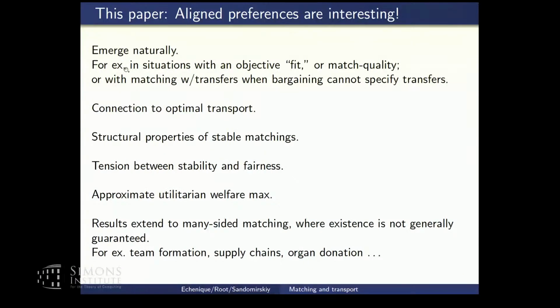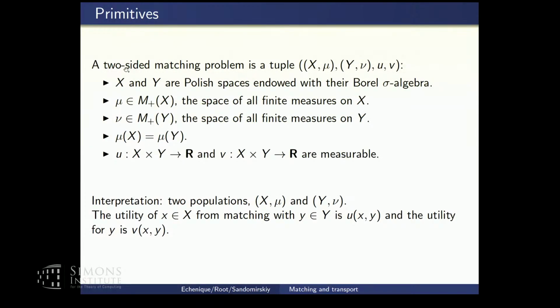But under the assumption of aligned preferences, stability does exist, and many of our results extend to these settings, and that allows us to capture problems like team formation and supply chain problems. Also, you can encode certain organ donation problems in this type of setting. I won't have time to talk about that today, but when the paper is written, we'll get there.